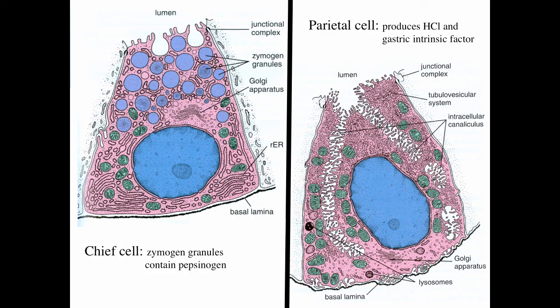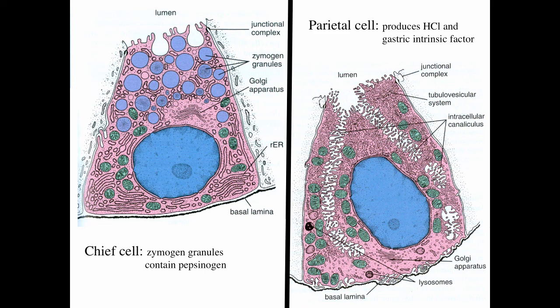Here, just a diagrammatic view of the parietal cell and the chief cell. As we said, the parietal cell produces HCl and gastric intrinsic factor. Notice the large intracellular canaliculi, large infoldings of these membranes, and lots of mitochondria here. These cells secrete HCl against a concentration gradient, so there's a lot of active transport for these cells to secrete HCl into the lumen.